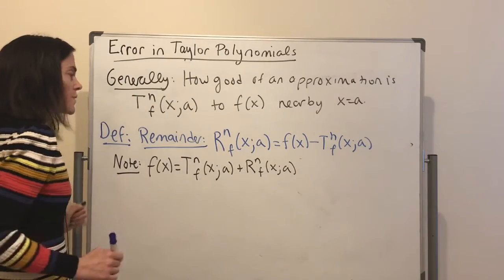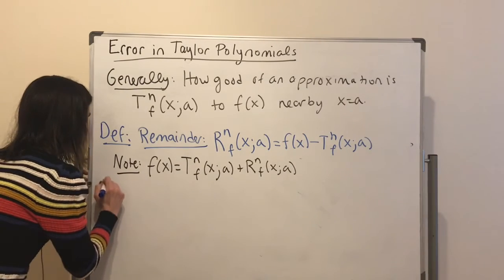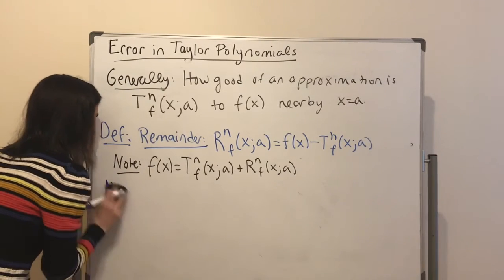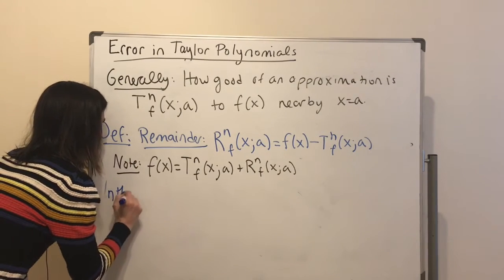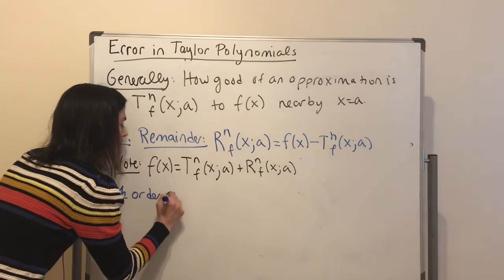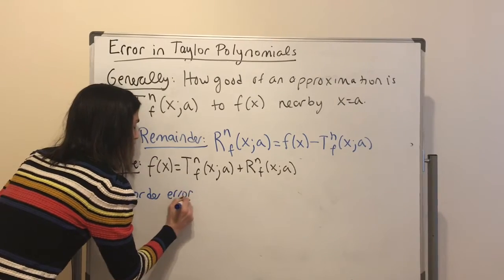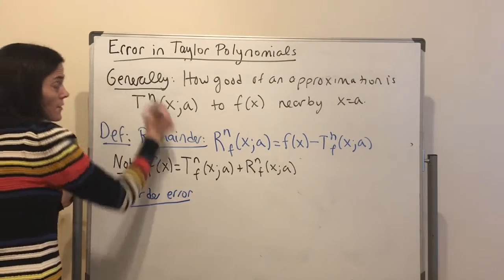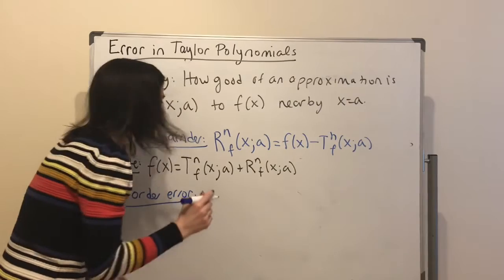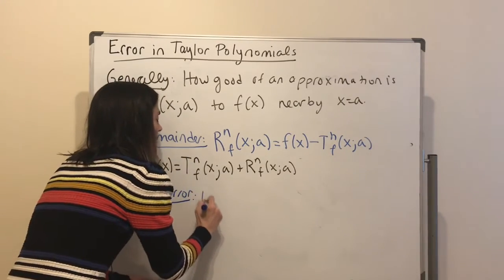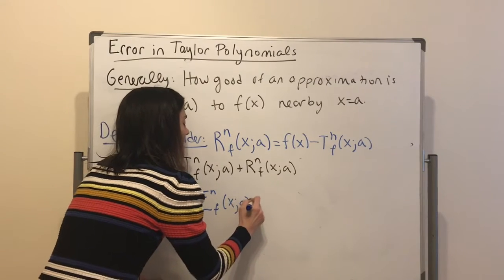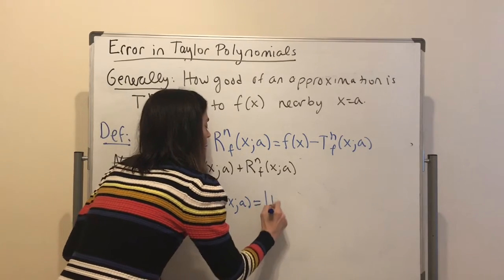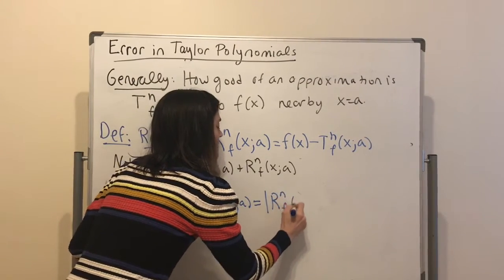Okay, so this is more a comment, and then the nth order error, this should be little n, the nth order error, this is what we would like to bound. Error, this is the topic of today. All we do is we take, well, here's the notation, and this is the absolute value of the remainder.